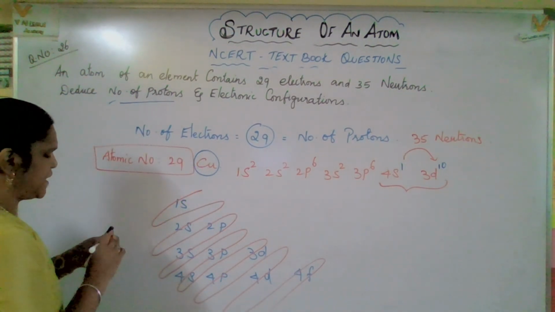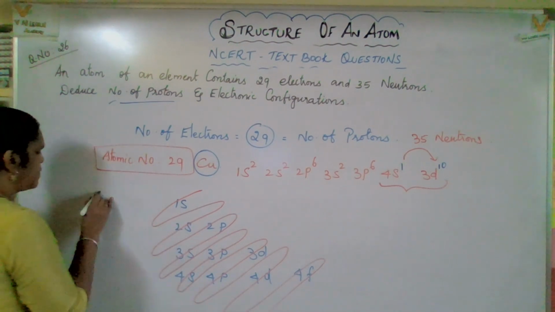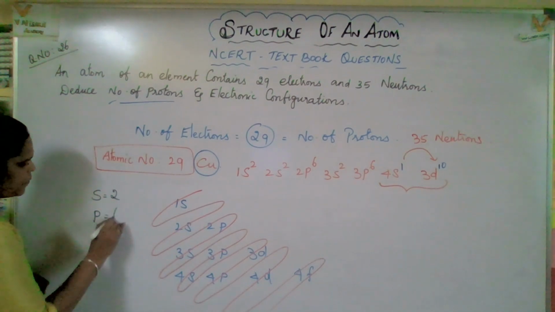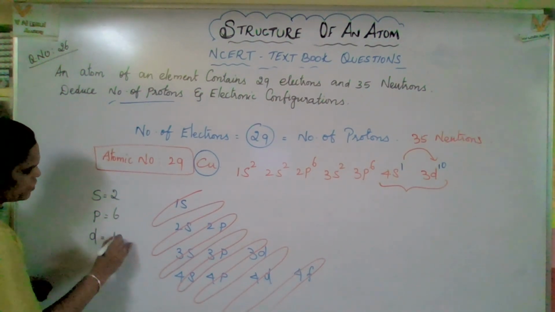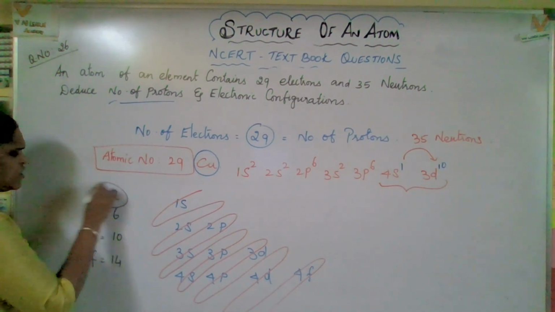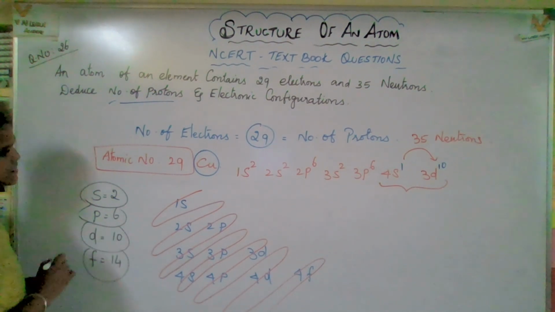Okay, so now let us write how to fill the electrons. See, s orbital can occupy 2 electrons. P orbital can occupy 6 electrons. D orbital can occupy 10 electrons, and F orbital can occupy 14 electrons. This you have learned very clearly at the starting of that session only.